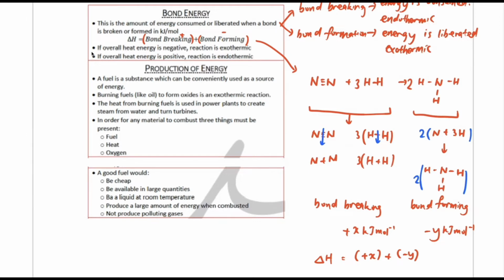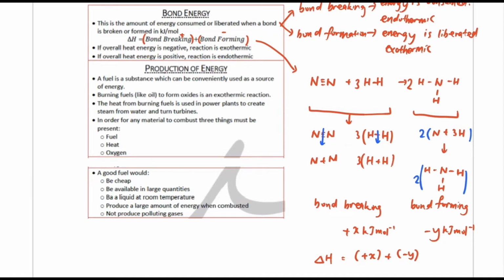Okay, now let's move on. If the overall heat energy is negative, that means you count this, you get negative. That means the reaction is exothermic. If the overall heat energy is positive, that means you count this and get a positive answer. That means the reaction is endothermic.